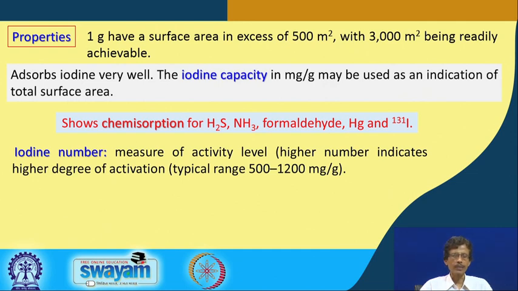Milligram per gram is the reporting parameter, meaning that much iodine in milligram quantity can be absorbed by the activated carbon material.